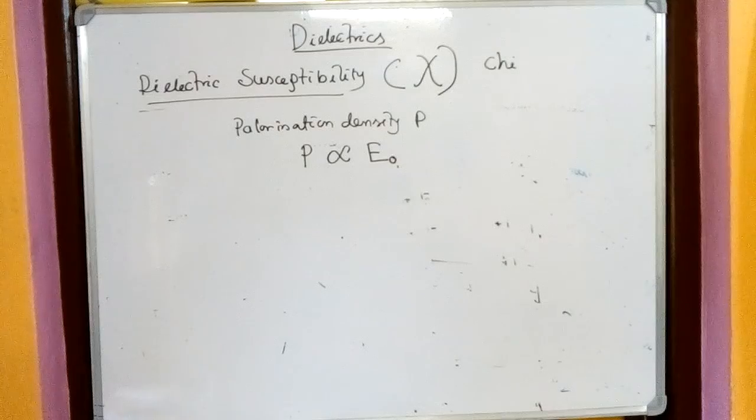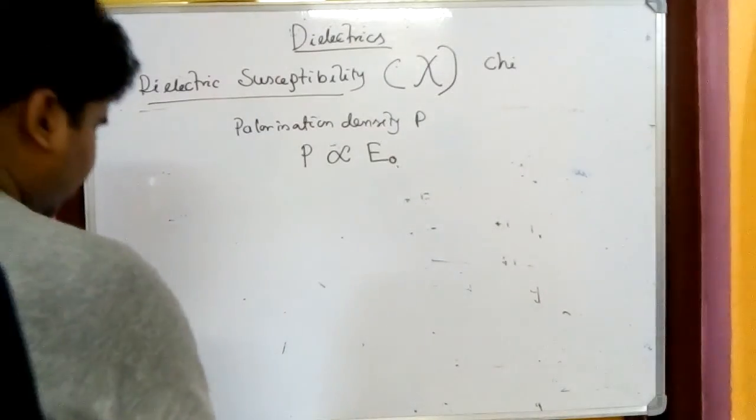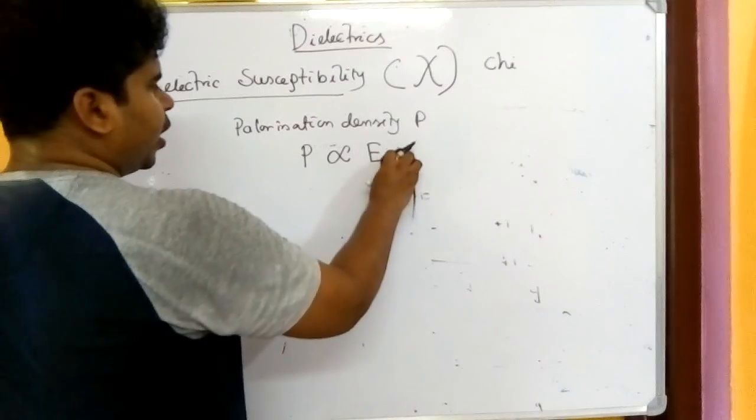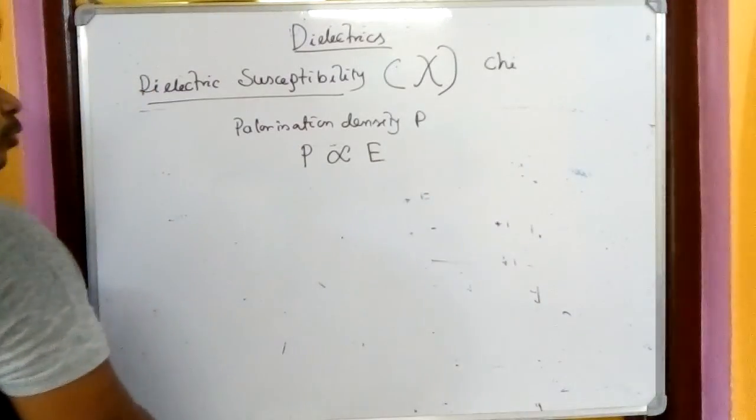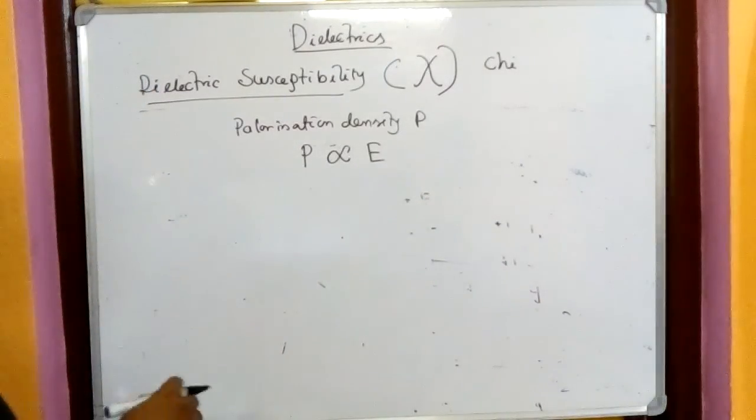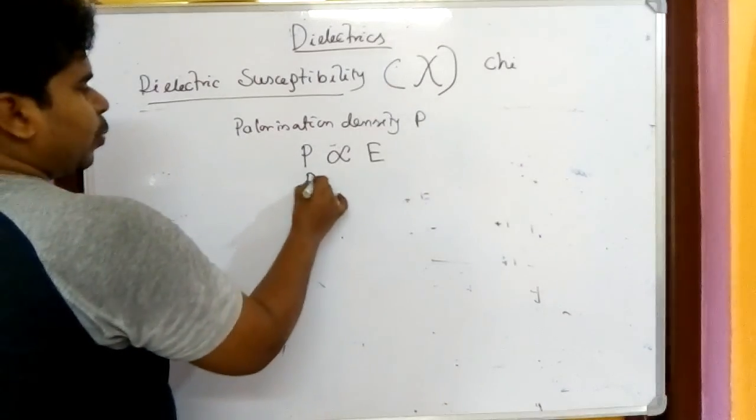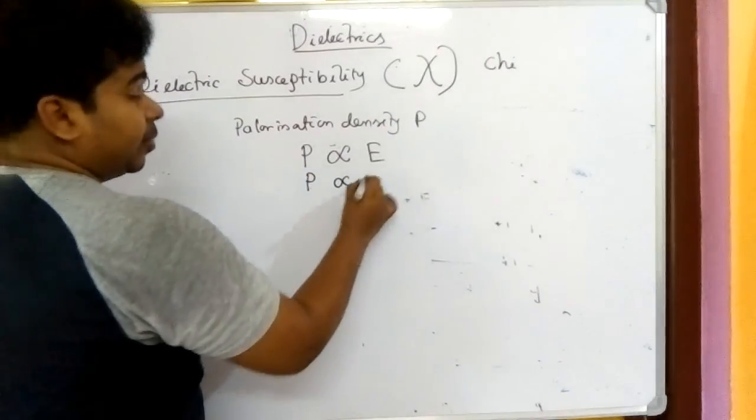Polarization density is directly proportional to the external electric field. But since the electric field is reduced, we can say polarization is directly proportional to the resultant electric field. P is proportional to E. Another one, P is proportional to the medium.